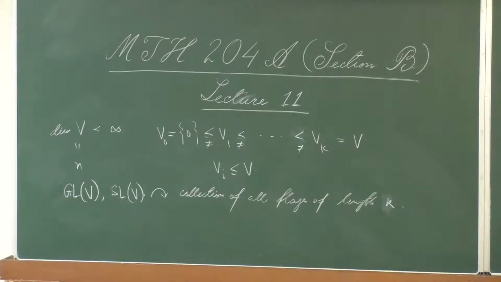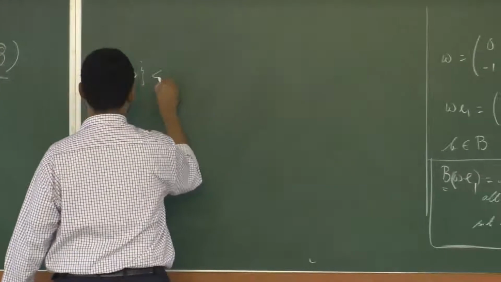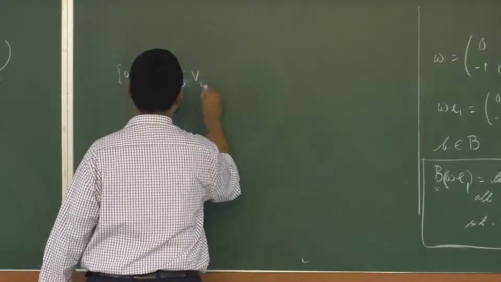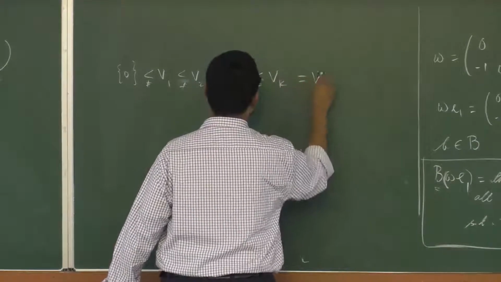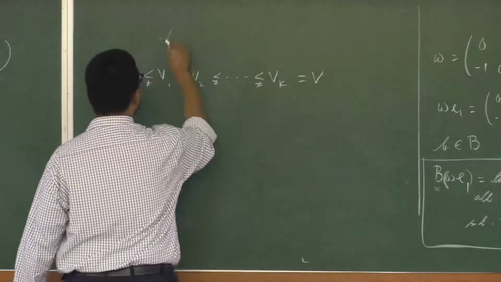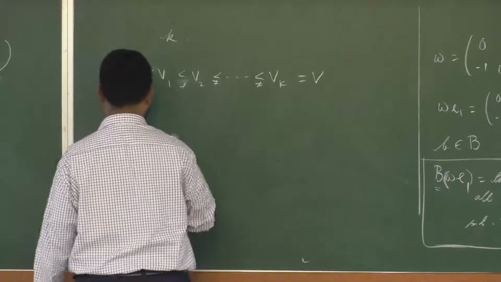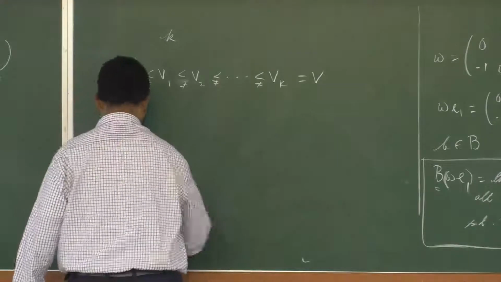Given two flags with the same length k, V1, V2, up to Vk equal to V, not necessarily maximal, and similarly here the analogous flag V'0, which is trivial, and so on.